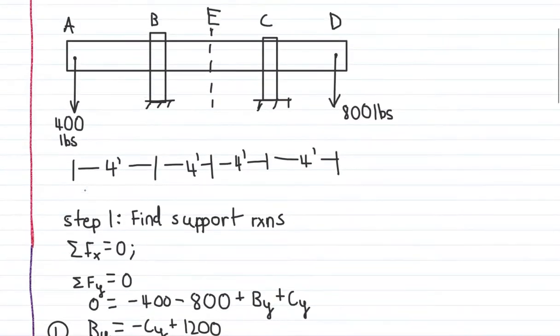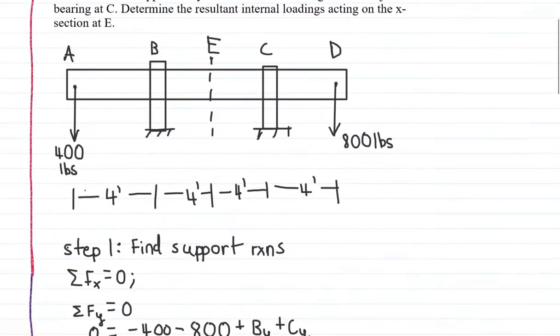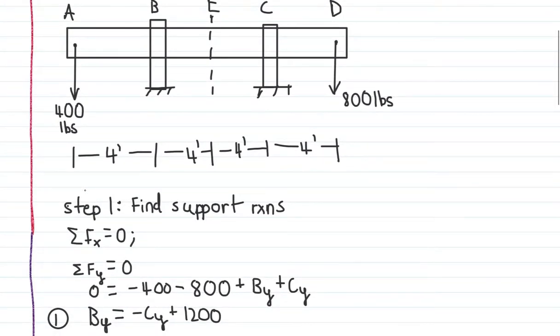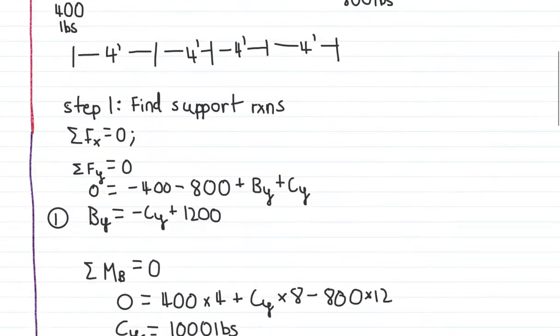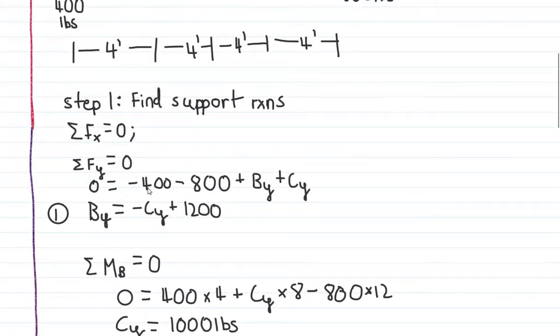So our first step in a problem like this would be to find the reaction forces of the supports at B and C. So using our static equilibrium equations, we find that the sum of Fx equals 0, and there are no horizontal forces, so we do not need to continue any calculations with that.